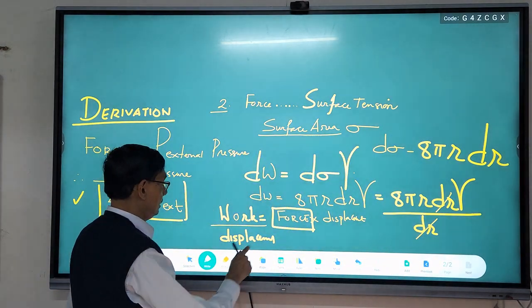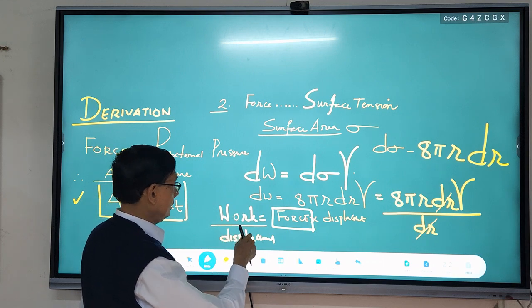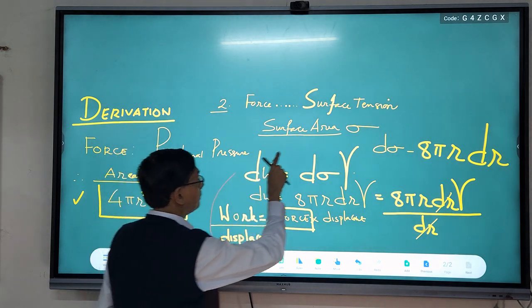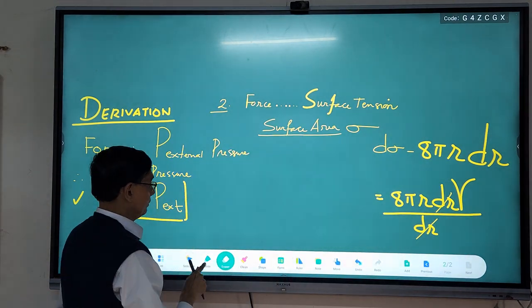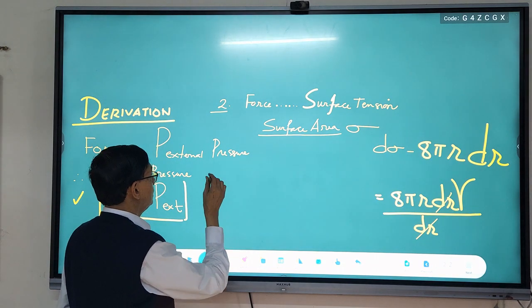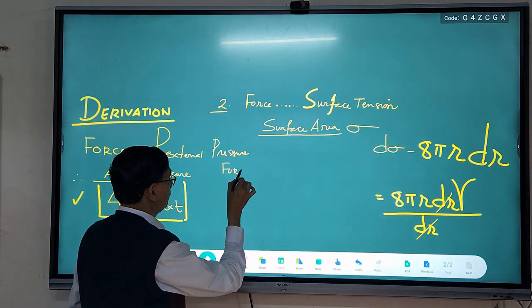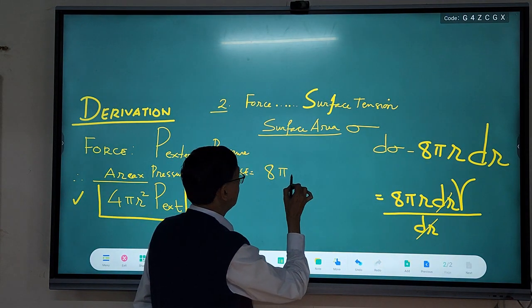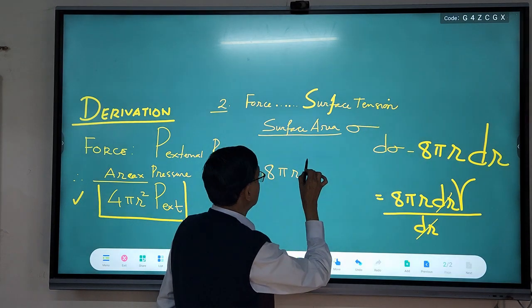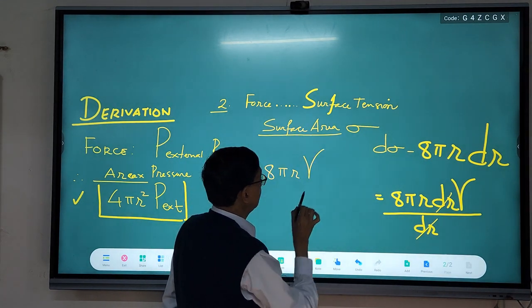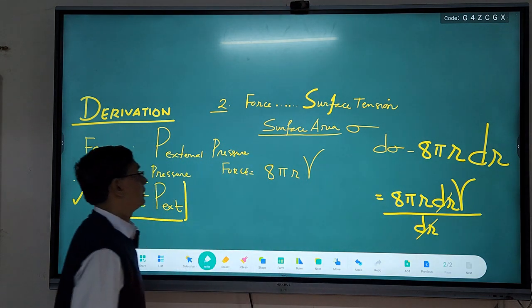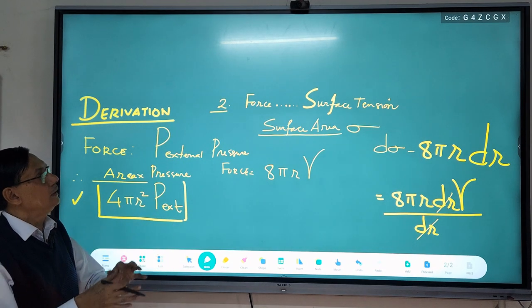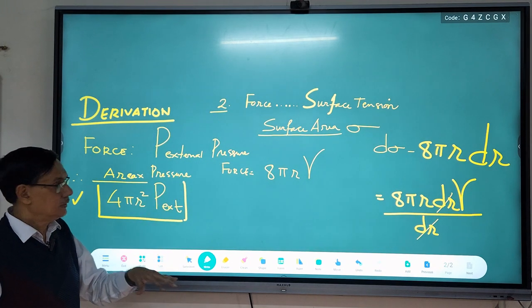So now the force is equal to 8 pi r gamma. Right?